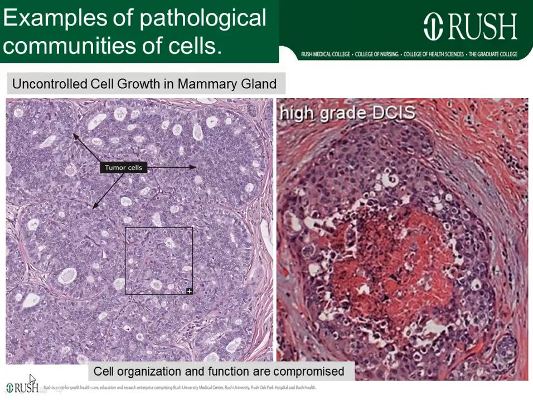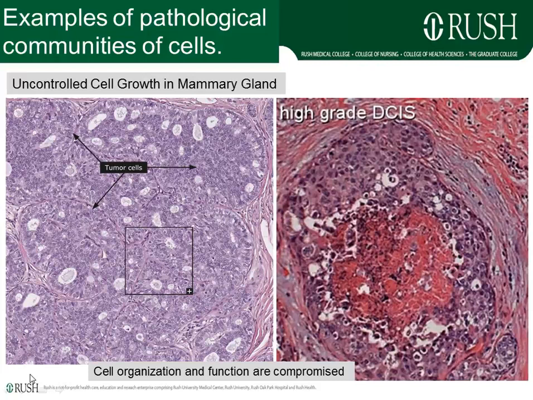When you have changes in the metabolism, such as in uncontrolled cell growth, tumor, metastasis, whatever, you have a change, consequently, in the way these cells are organized, and they're no longer functioning properly. You can see in the high mag on the right that the lumen is completely filled with a lot of debris.